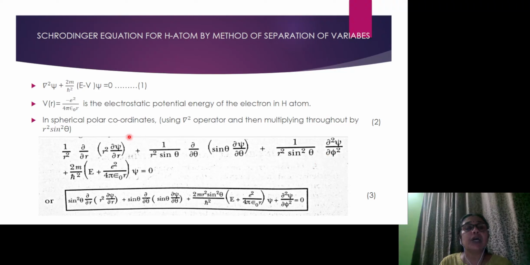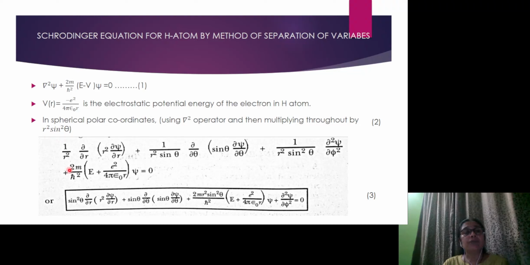So that is why we are first multiplying with r square sine square theta, and remember that we have to multiply the complete equation, both sides, LHS as well as RHS, so that the value of the equation does not change. Means the equation will remain unchanged if we multiply both sides with the same multiplication factor.